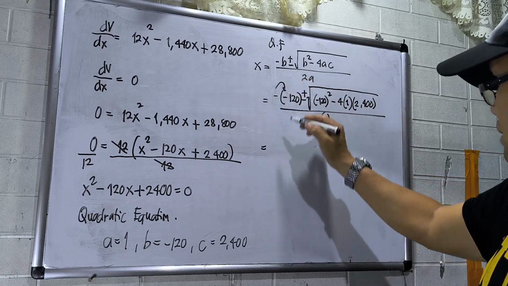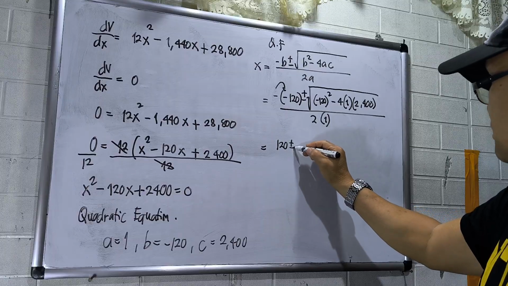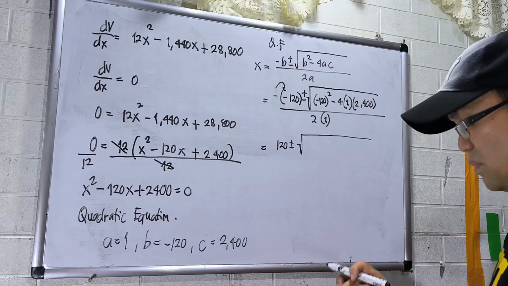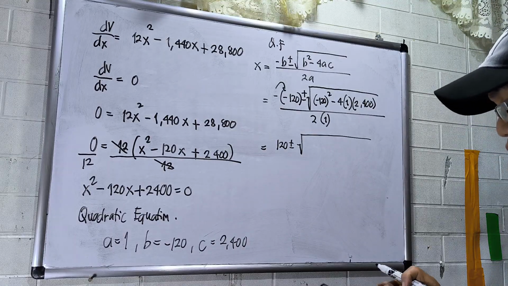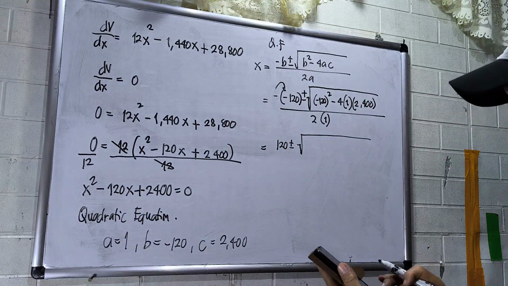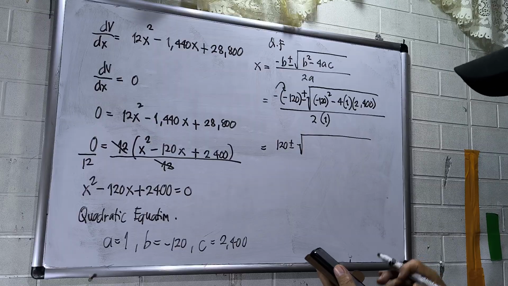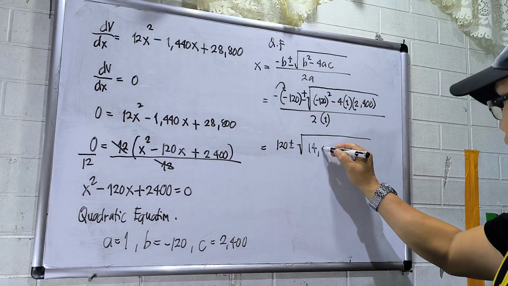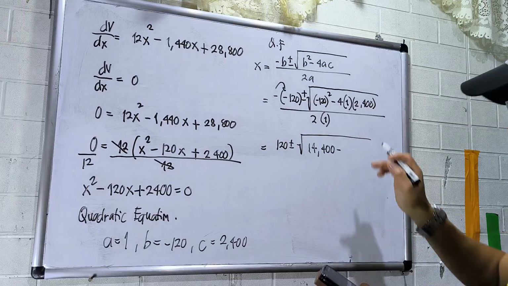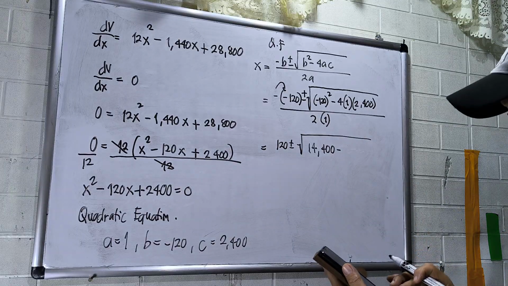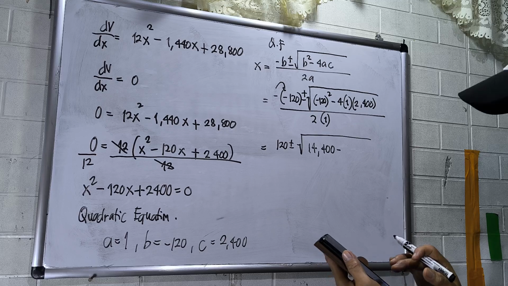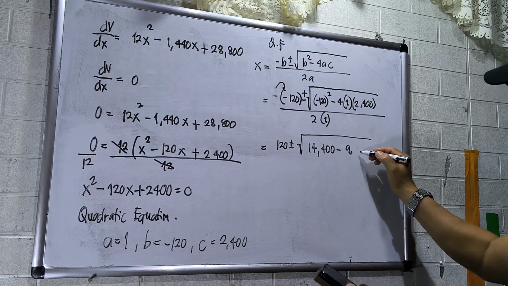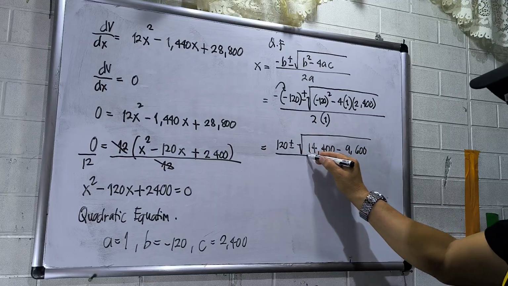So negative times negative, that will be positive 120 plus and minus the square root of, I will use the calculator. So 120 times 120 is 14,400 minus 2,400 times 4, so that is 9,600, over 2.